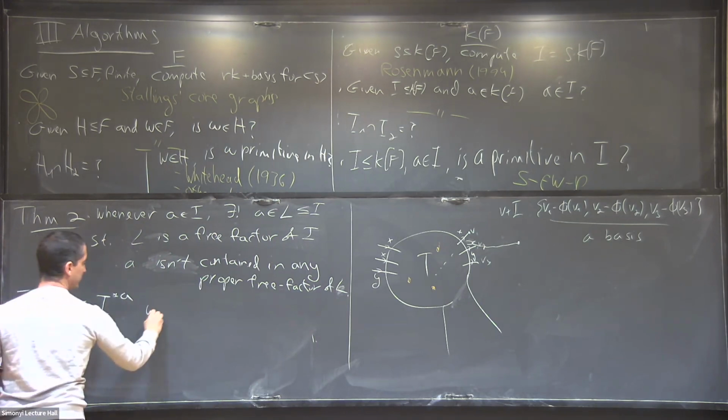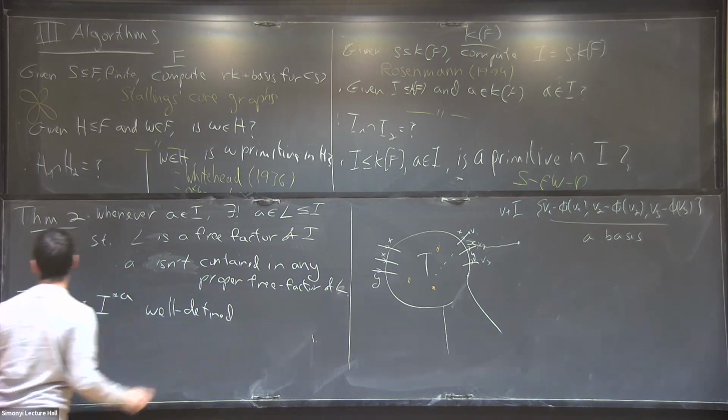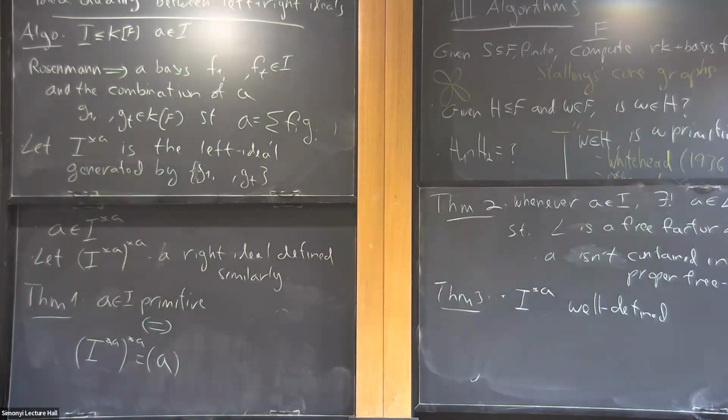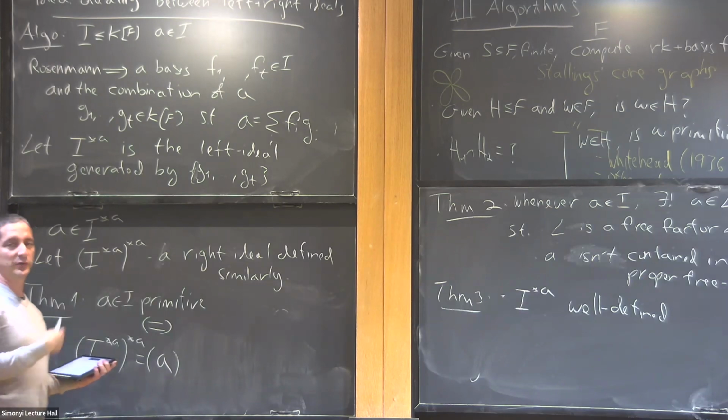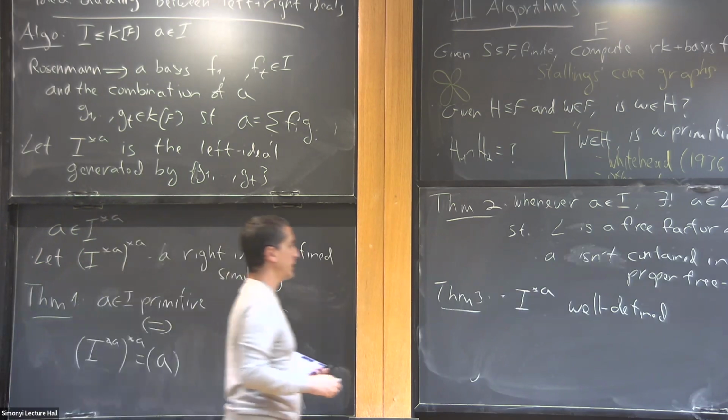First of all, it is well defined. This is not obvious from the way I defined it, because I chose some basis for I and took the coefficients. Perhaps if you take a different basis, you could get another dual, but it's always the same.